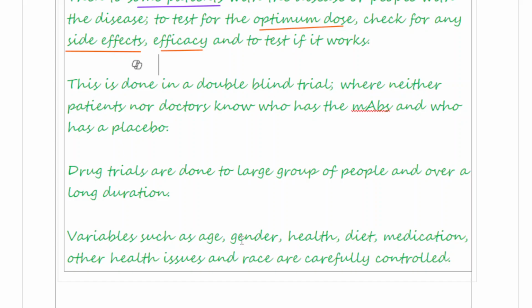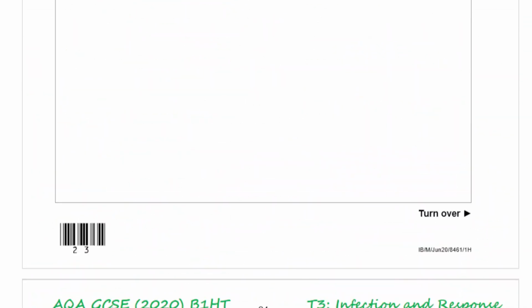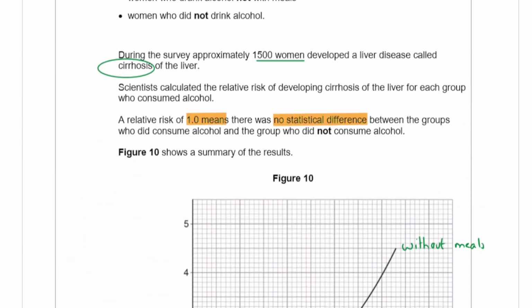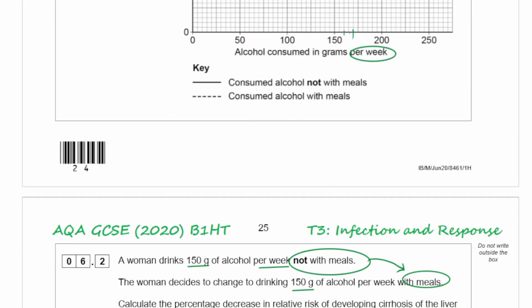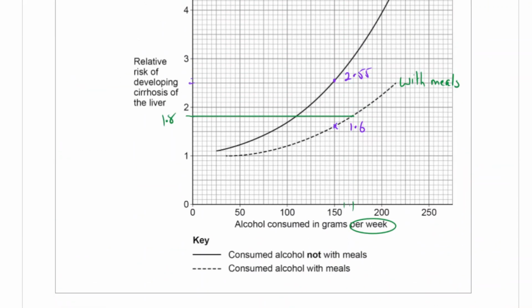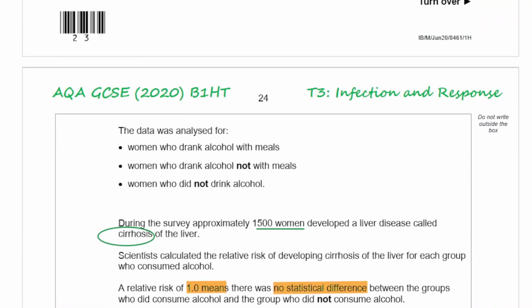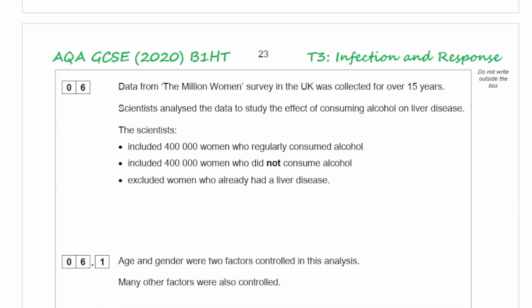Now, this question actually links to one of the questions that we did. There was another question in this paper about, yeah, it actually links to this 6-mark question as well when we talk about carrying out a survey or testing on people.